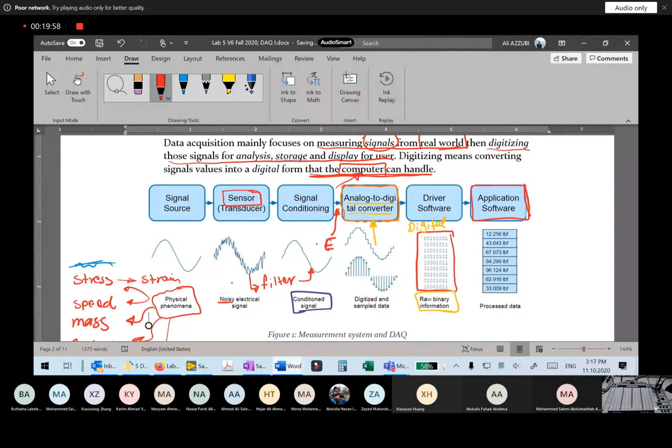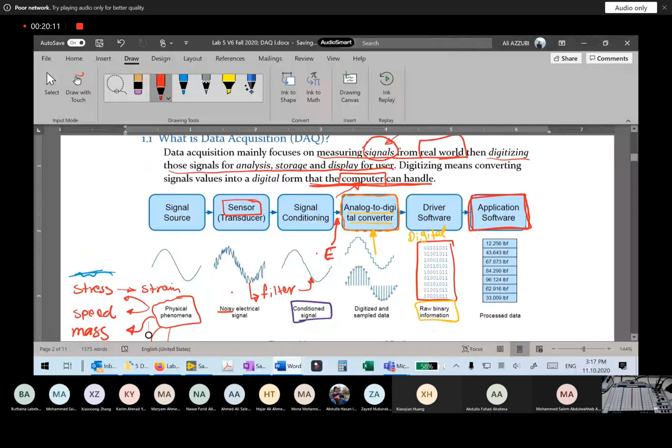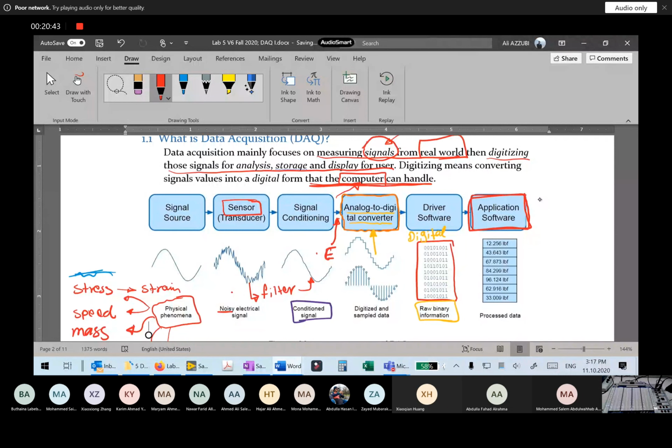Our application software today: in the past we used LabVIEW, but this semester we will not use LabVIEW.